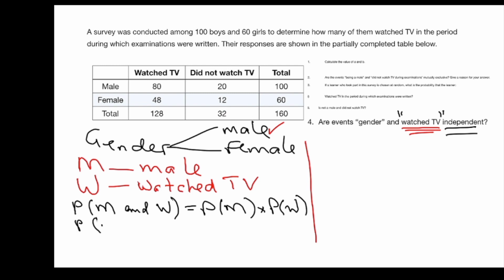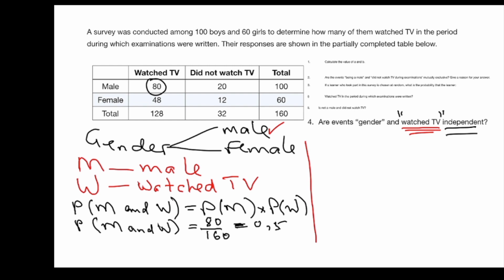The probability of M and W means the probability that one person chosen at random is a male and the person watched TV. So how many males watched TV from the survey? Clearly that is 80 there. So this will be 80 divided by 160, which simplifies to 0.5. All right? So the left-hand side is giving us 0.5.